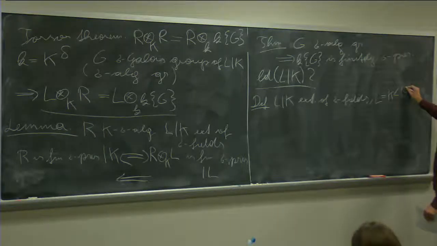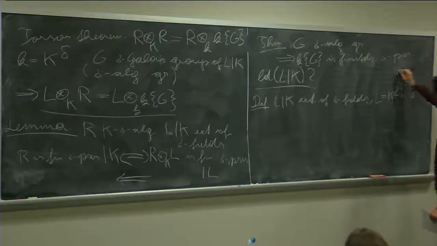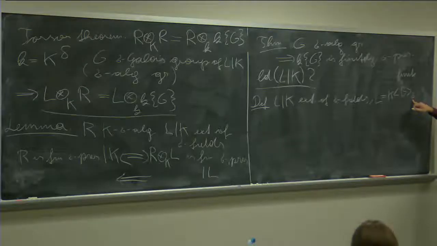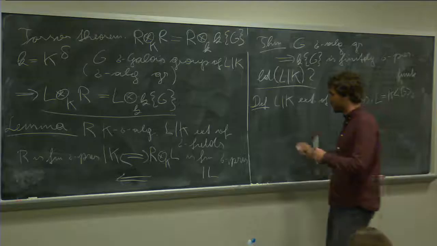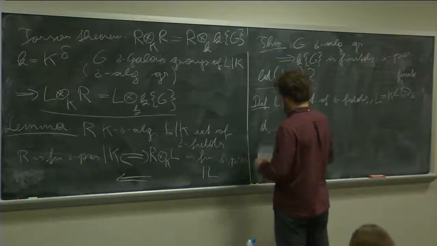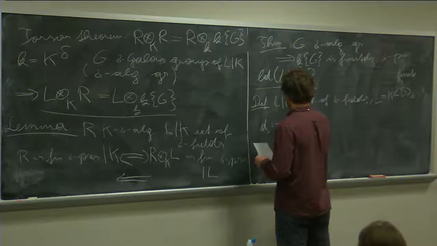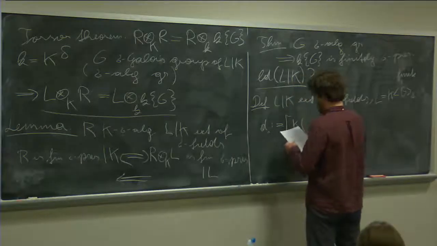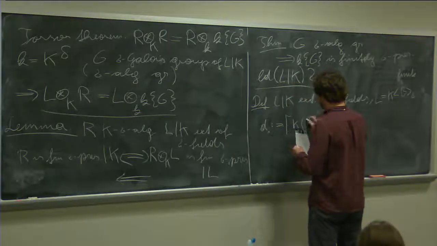So you can find some finite set B, such that B and all its iterates under sigma generate L as a field extension. Then you can look at the following sequence of integers, or this value can also be infinite.